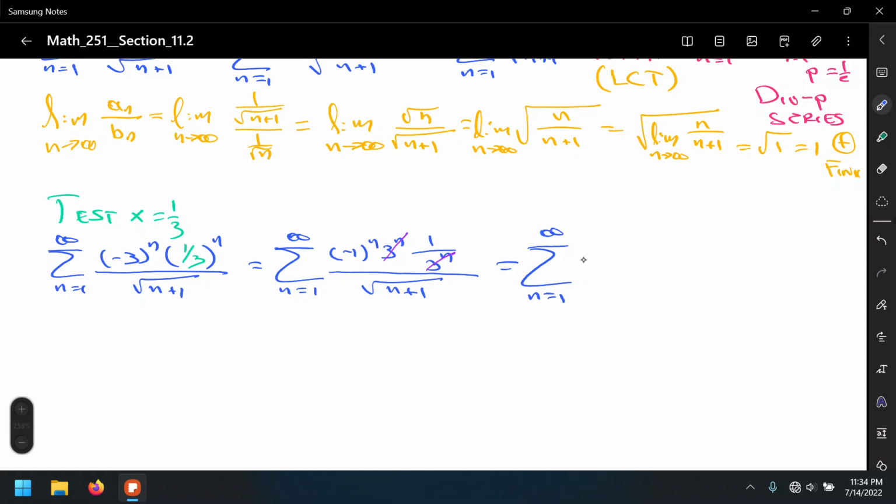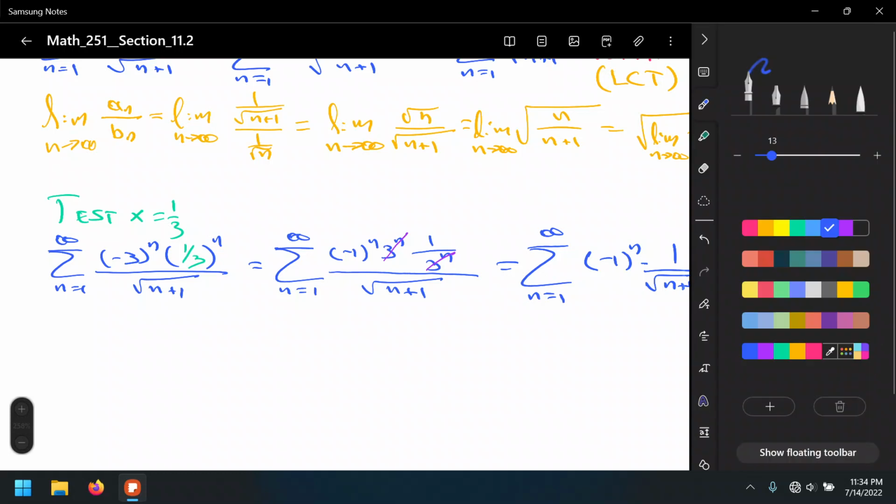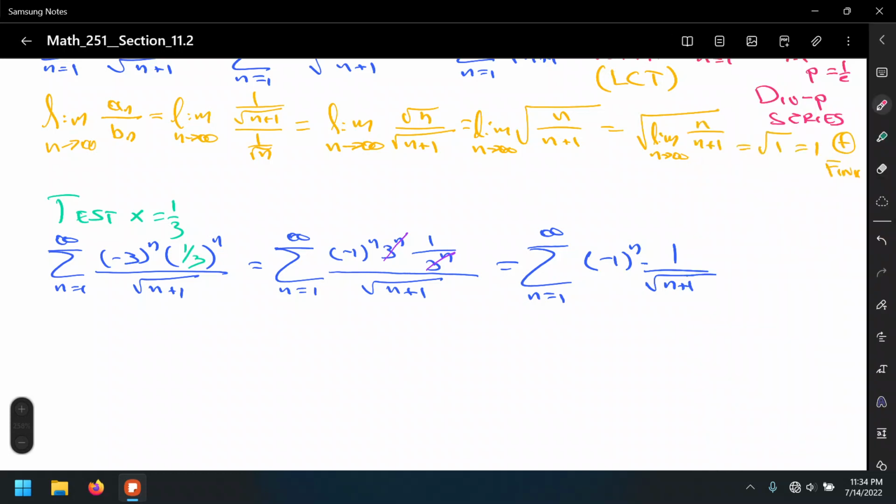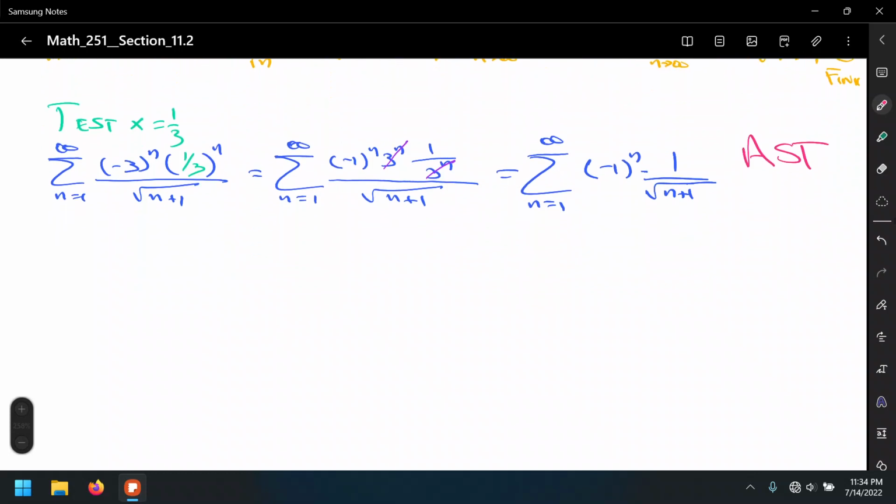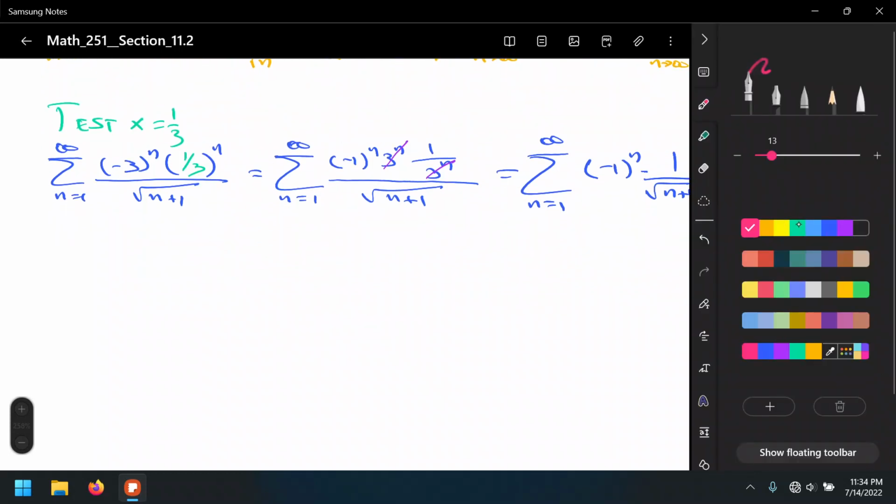It's a shorter test. So that's the series that we need to test. And again, like we mentioned before, we test that by using the alternating series test. For the alternating series test, we need to state the conditions.